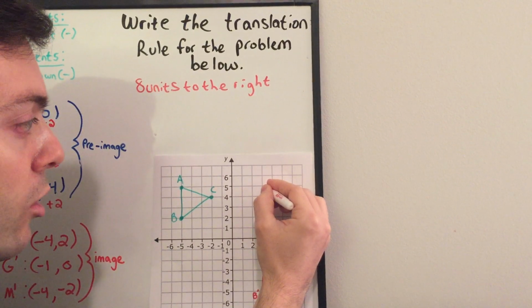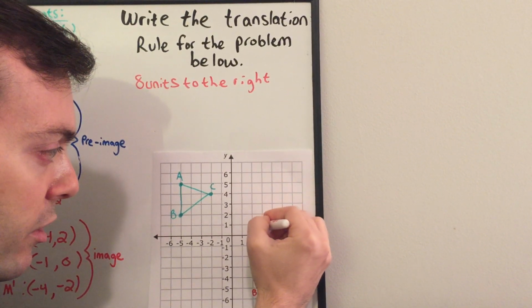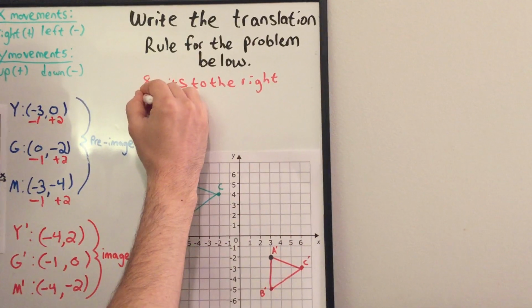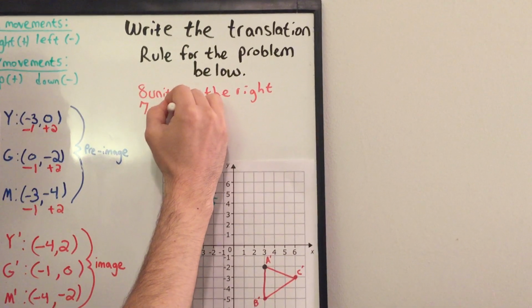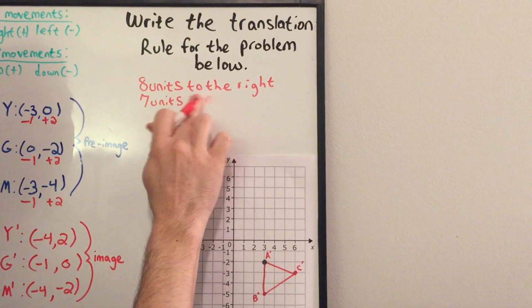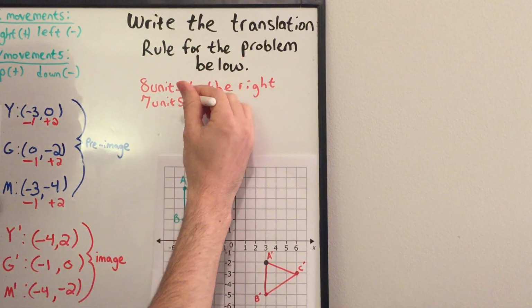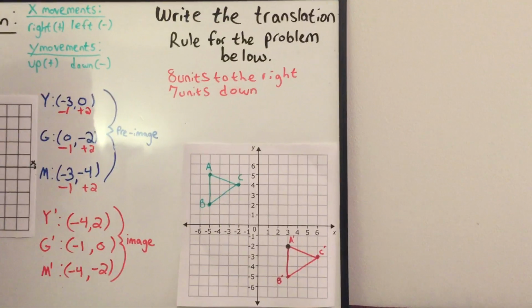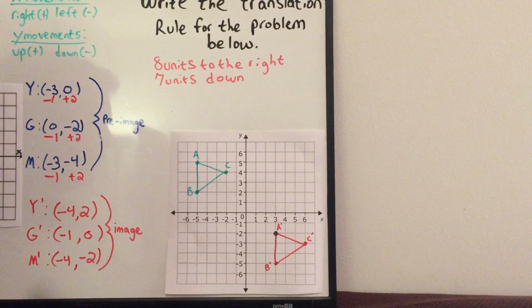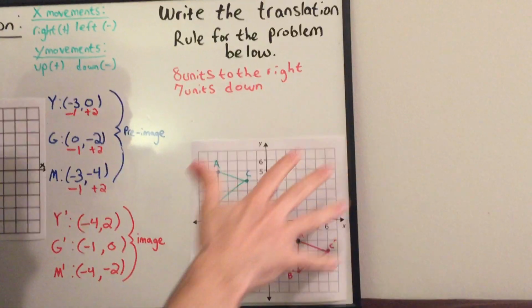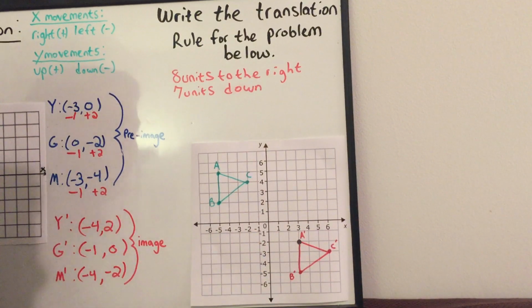So now I'm going to go 1, 2, 3, 4, 5, 6, 7. So we went 7 units down. All right. So what I'm doing right here is just figuring out what is actually going on. What is my translation movements and things like that.